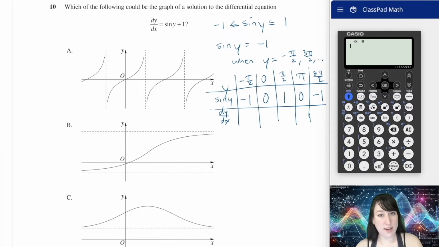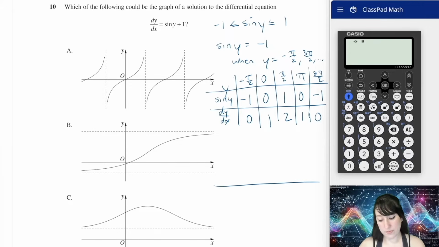Now, what happens to dy/dx then, if it is sin y plus 1? So, at -pi/2, it's 0. At 0, it's 1. At pi/2, it's 2. At pi, it's 1. And then 3pi/2, back to 0. So let's see what the direction field might look like. Okay, at -pi/2, dy/dx is 0, so we have horizontal directions.